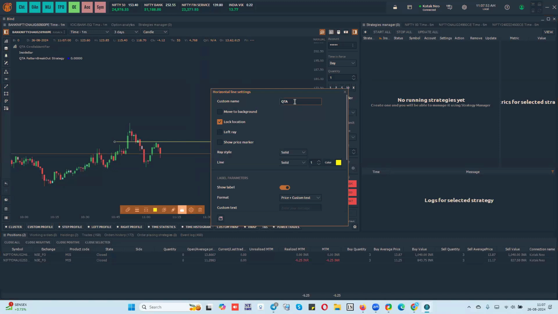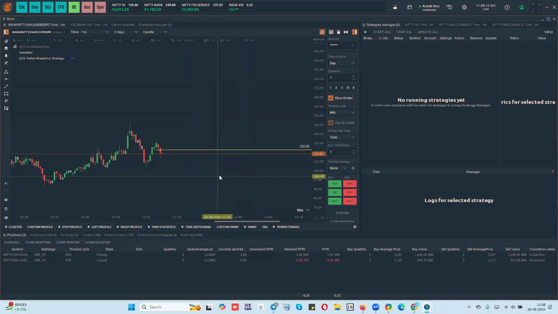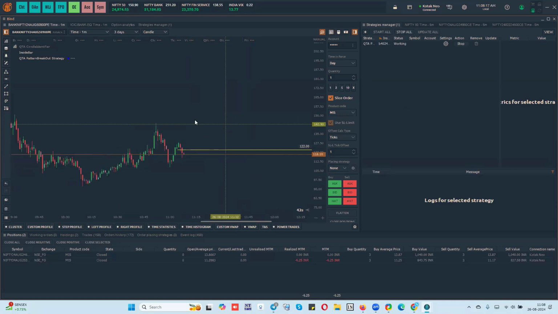But writing QTA in the custom name is important. If I want to move the horizontal line, I cannot move it. So if I would like to go lower so that I can execute a trade, I just bring it down here and lock it. And then I will click on control, and the strategy will start.